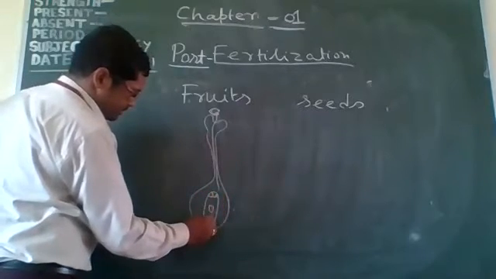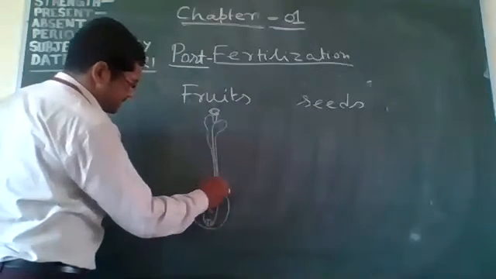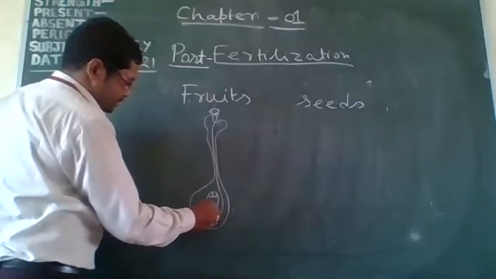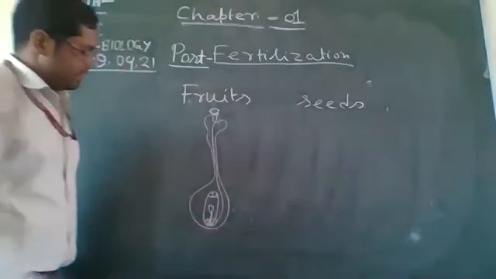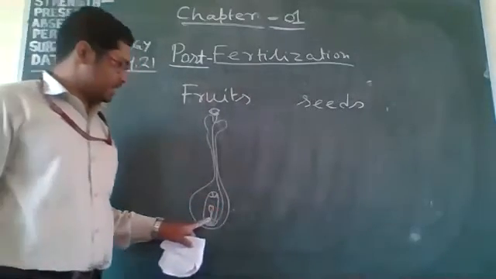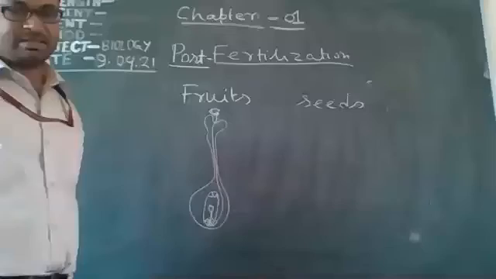And here are present the egg cells. The pollen tube enters the ovule and fertilizes the cell and forms the endosperm, and therefore develops the seed.